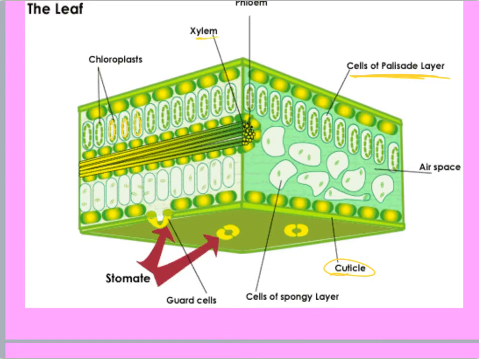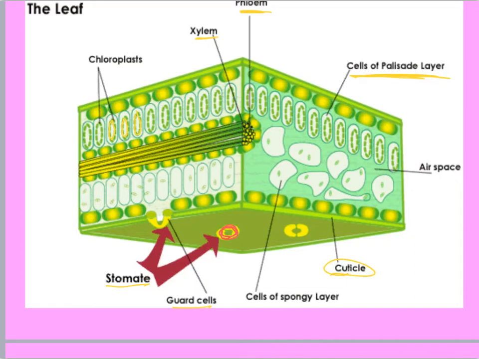You have the xylem and phloem. Those were vascular tissues in the plant that help transport food and water. Then you have some air space. And then this is what I wanted to show you, the stomata and guard cells. So the stomata are these little circle things. Let me change colors. They're these circle things.